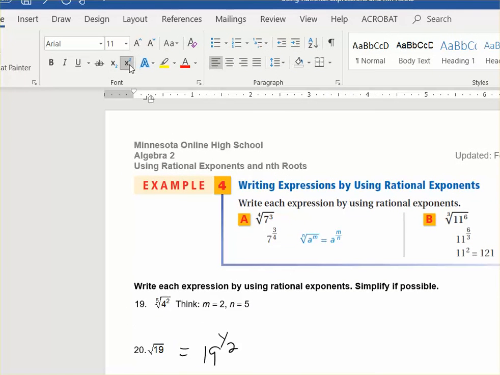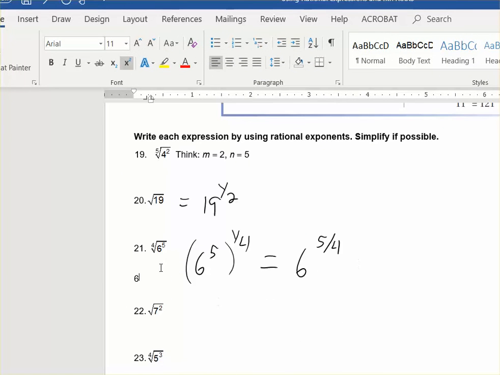I can use this, and I can write 5/4 as an exponent. Like that. Or, still in exponent mode here, I could write 6 to the, and then I should really use parentheses to show that everything that follows is part of the exponent. I could do that.